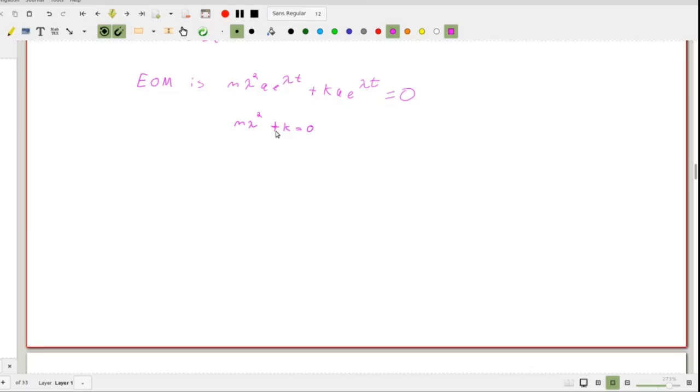You can play around with it if you want, but λ is equal to plus or minus the square root of negative k over m, which is equal to the square root of k over m times j. And j is our imaginary number, pulling it outside, getting rid of the negative. What's the square root of k over m?